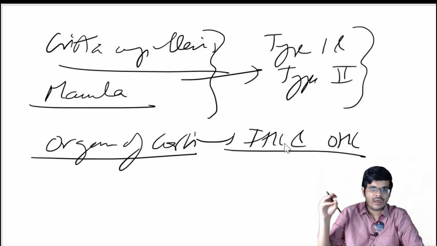In hearing, the footplate of stapes goes over the oval window, and that is causing vibrations in the scala tympani from the scala vestibuli, and that shearing action is causing the movement. So that is what is causing the movement here, and that is responsible for the hearing.